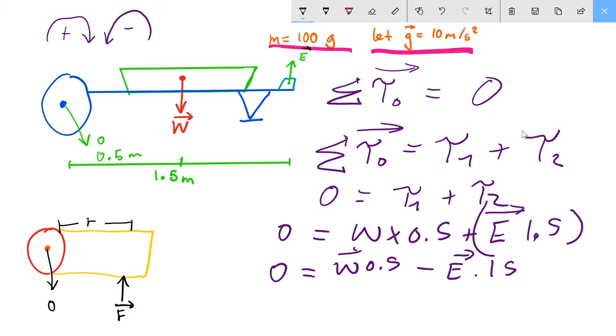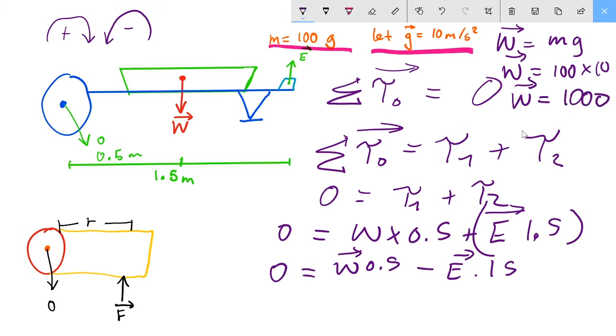Since W equals weight, and weight equals mass times gravity, weight is equal to 100 times 10, therefore weight is equal to 1000. Therefore 0 equals 1000 times 0.5 minus E times 1.5.